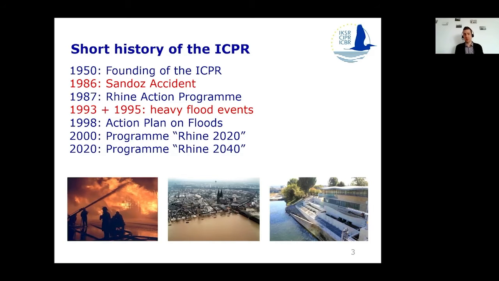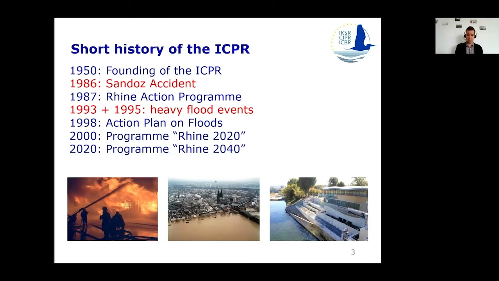So what the countries actually did is they united their forces again and set up the Rhine Action Program 1 year later, which aimed at introducing a warning system for such kind of accidents so that it wouldn't happen again, or that at least countries could react quickly, but also at bringing back species that had almost gone extinct, like the salmon. In the 1990s, 2 other events struck the population along the Rhine, 2 catastrophic winter floods in only 13 months, and they caused a damage of approximately $6 billion.